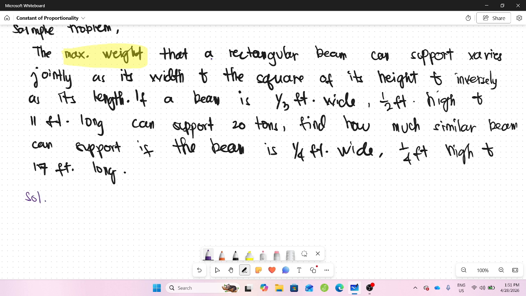So, solution. It states here that the maximum weight that this beam can support varies jointly. So I would expect more than one variable. Varies jointly as its width and the square of what?